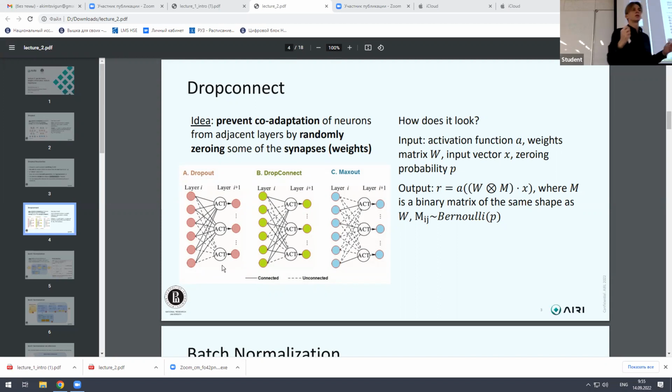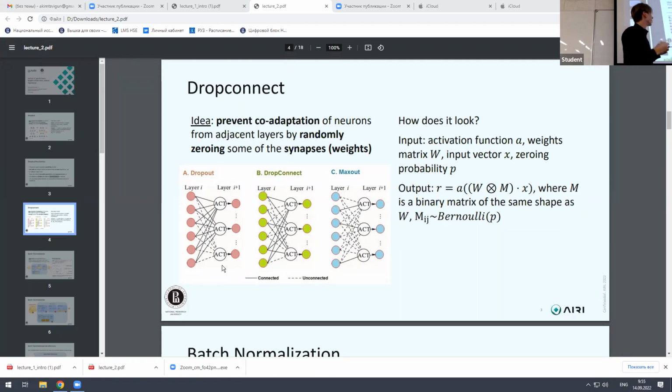DropConnect says a bit different thing. Instead of zeroing the whole neuron, the whole weight set coming from this neuron, let's simply zero some of the weights of our matrix. Again, with some probability p, and it will change on each training step, but the idea is very close.